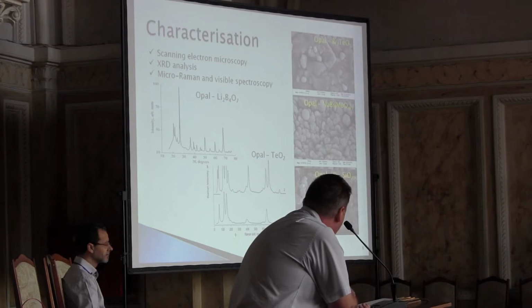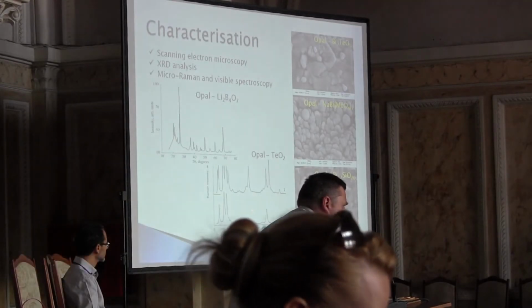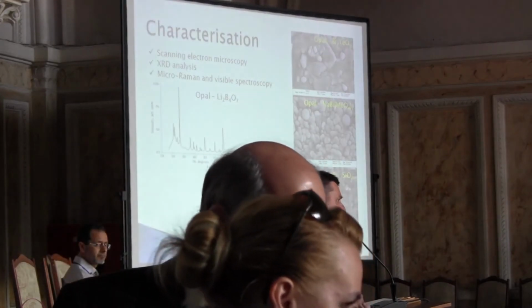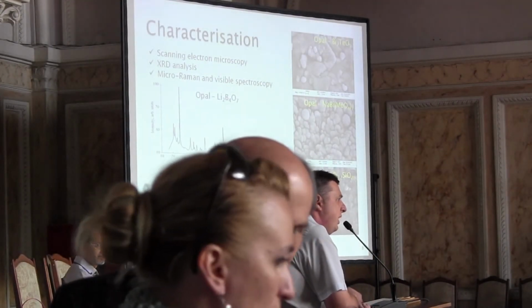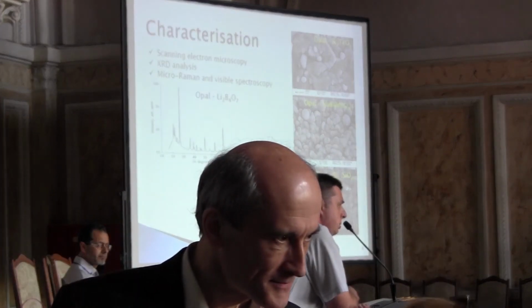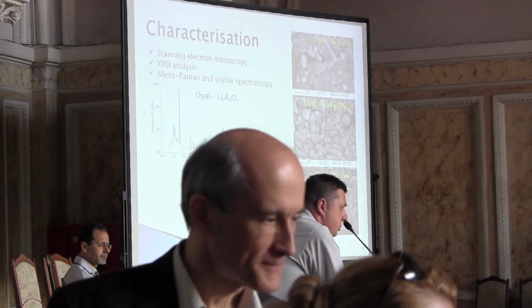For example, in opal-paratellurite, we have another phase under crystallization. You see, crystallization in our case is under other conditions than the usual. First of all, this is a restricted volume.